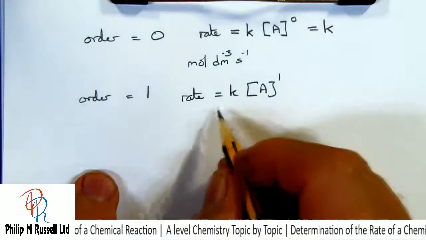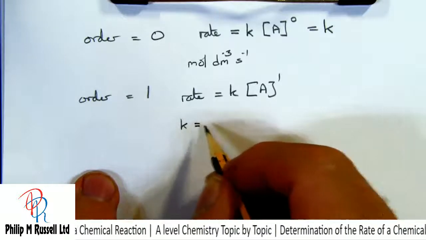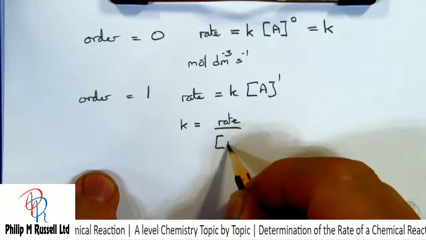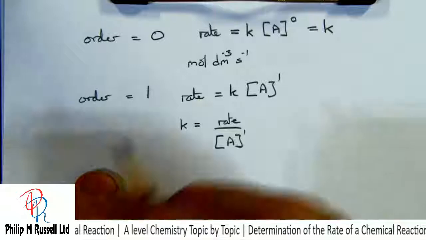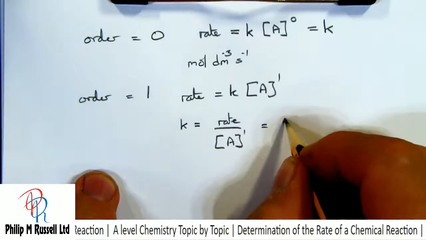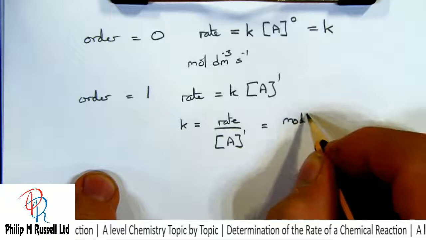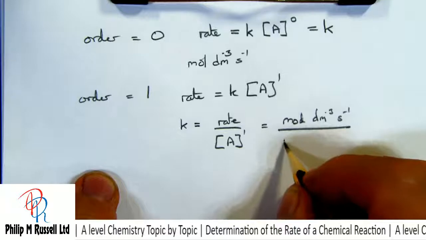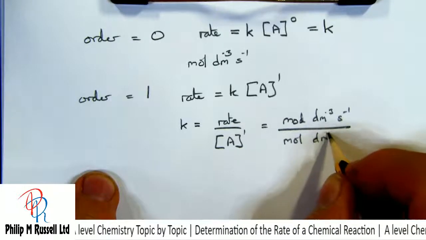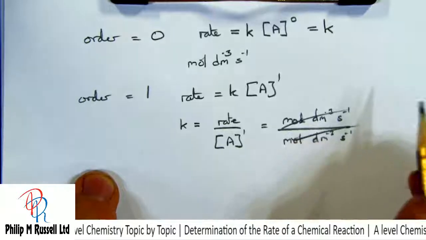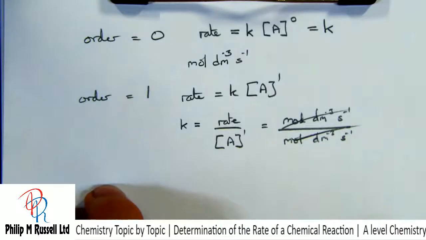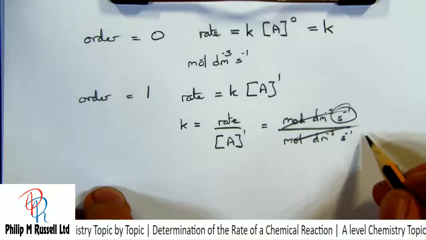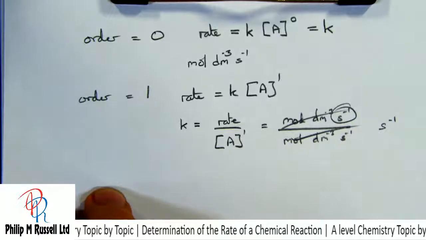If I rearrange this, K equals the rate divided by A to the 1, and that gives me these moles per decimeter cubed per second over moles decimeter cubed per second. They cancel out, and basically we're just going to have the units of seconds per second.